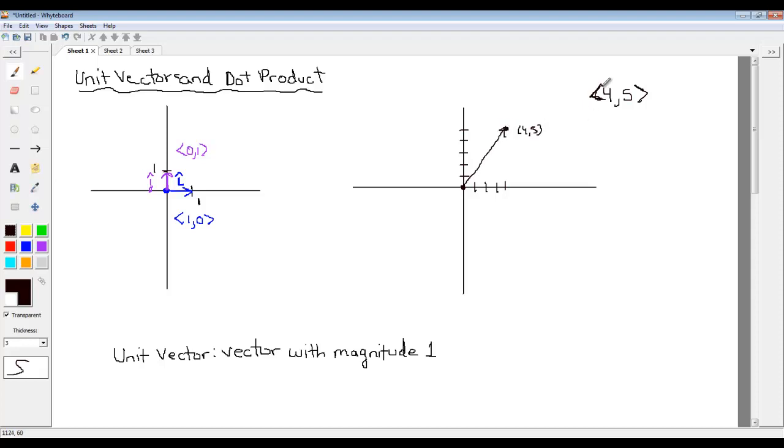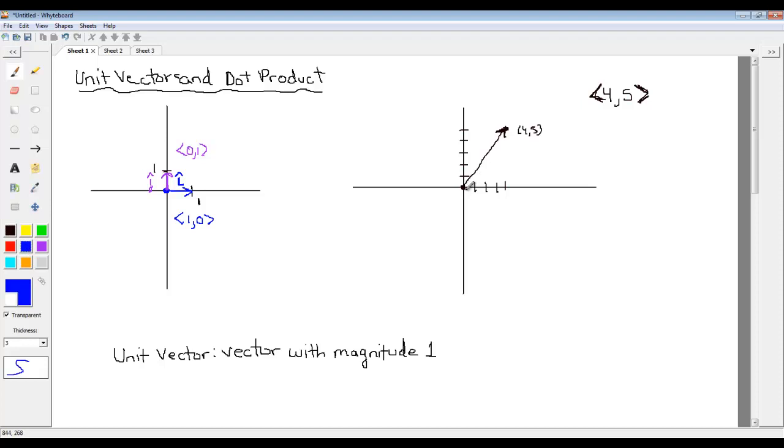By using these little pointy parentheses, we know we're referring to the vector. And that's enough information for us to talk about direction and angle and magnitude or length and so on. But we can also refer to this vector in terms of unit vectors.